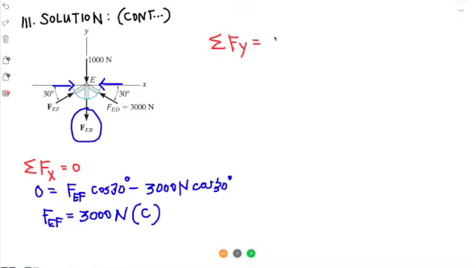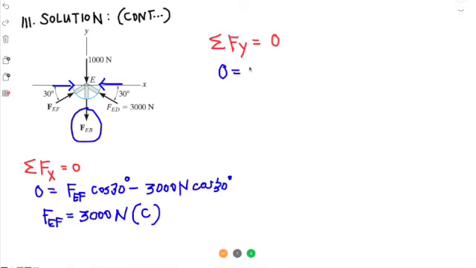Since we already have a value for FEF and FED, and we have 1,000 newtons here and one unknown FEB, let's equate it to 0. So what are the Y components? The Y components going up are the components of FEF and FED, which are both sine.